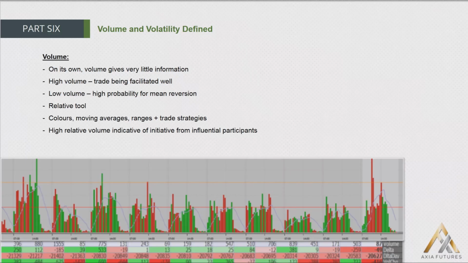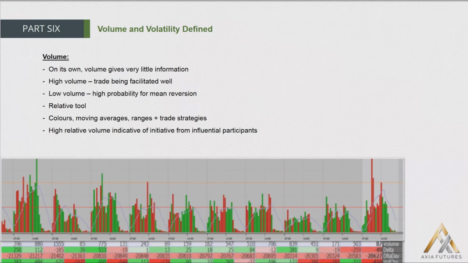Now note, volume is a relative tool, so it's all about understanding how volume is changing over a given period of time. So what I mean by that, let's take for example a weekly type strategy where the market's moving relatively sideways on lower volume, all of a sudden, on any given day, the market volume doubles what we've seen over the average of the last 10 trading sessions.